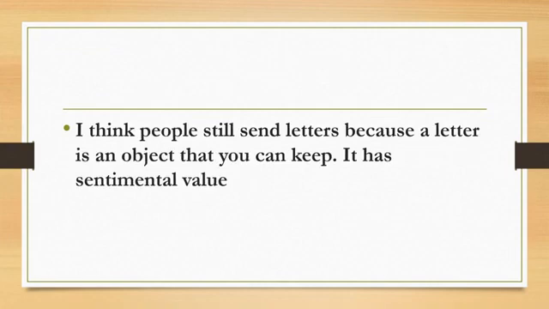I think people still send letters because a letter is an object that you can keep. It has sentimental value. ليه الناس لغاية الآن عم ببعتوا رسائل مكتوبة؟ Maybe because a letter is an object، شيء ممكن أنت تحتفظ فيه، له قيمة عاطفية, sentimental value, which means قيمة عاطفية.